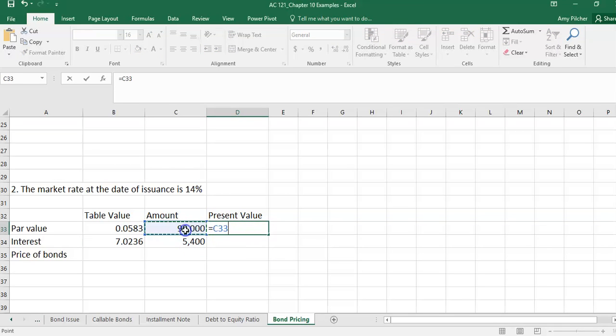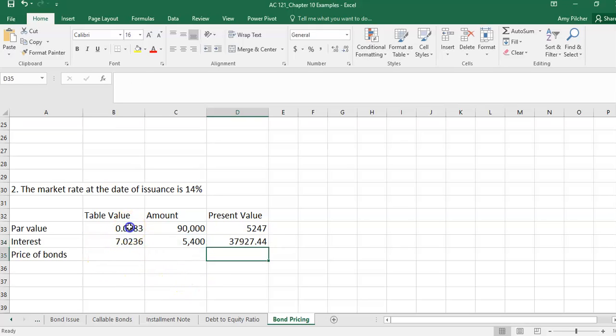So we take our amounts times the factor from the table. Oh, I put an extra 0 in here. There we go.